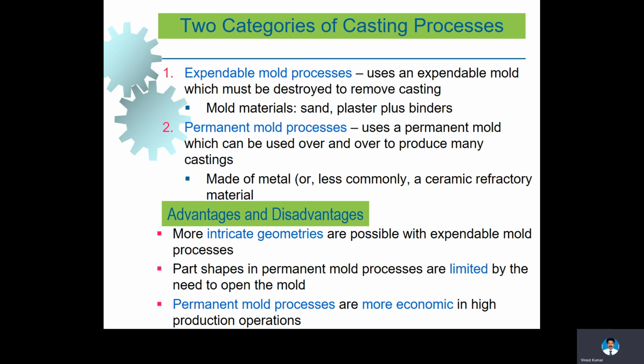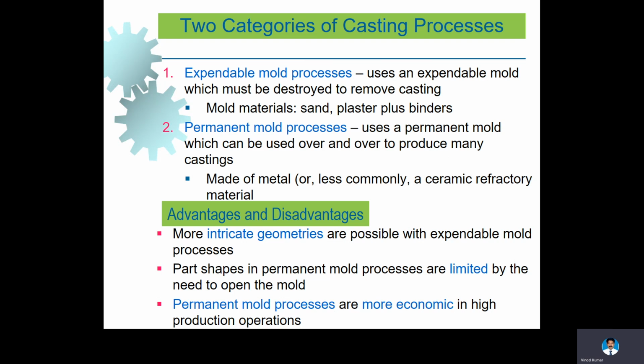So this pattern is surrounded by the sand or plaster, and when we remove the pattern, we get a cavity which has the same shape as the product to be produced, and we pour molten metal into the cavity to produce the desired shape. In expendable mold casting, the pattern is surrounded by sand or plaster.